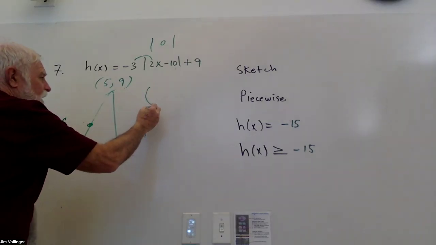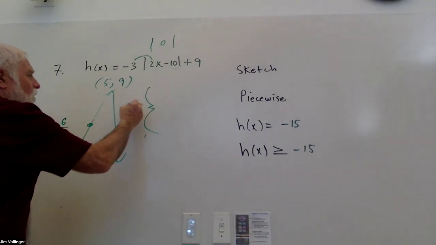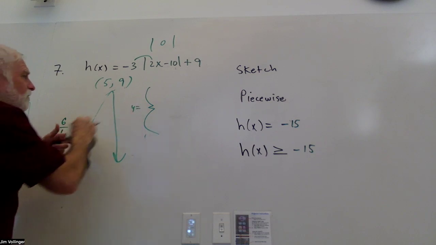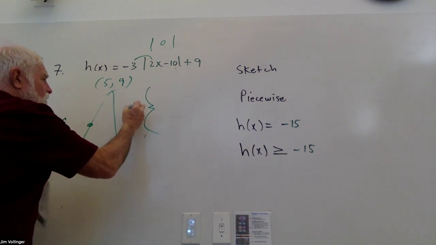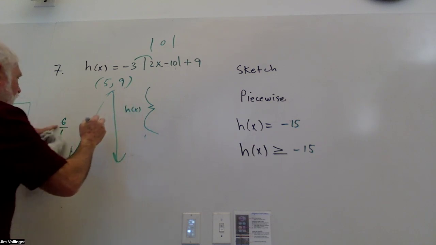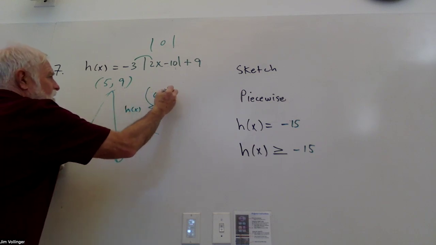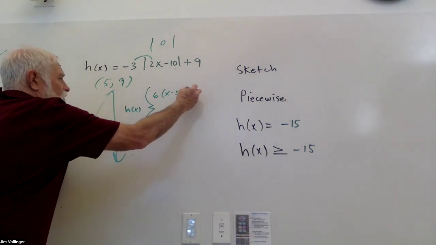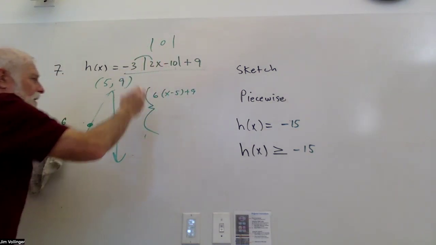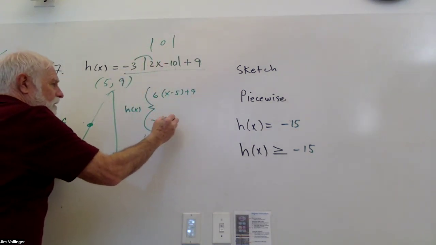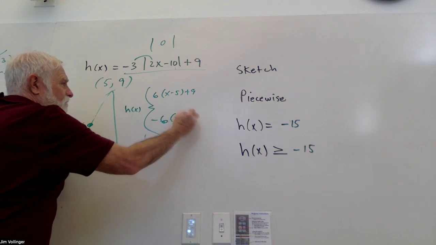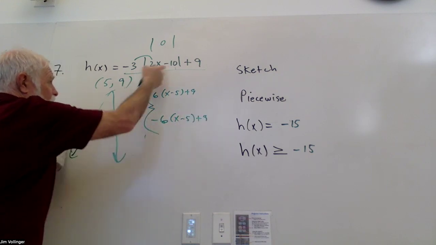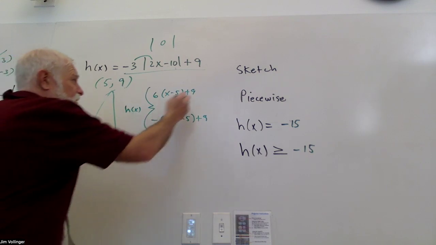So let's get Alfred Hitchcock on the board. And so my y, h of x, sorry, I'm calling it h of x, could be written as positive 6 times x minus 5 plus 9, which is what you get if you multiply this out, and negative 6 times x minus 5 plus 9. I guess that's the one you get out of multiplying it the way it's originally written.